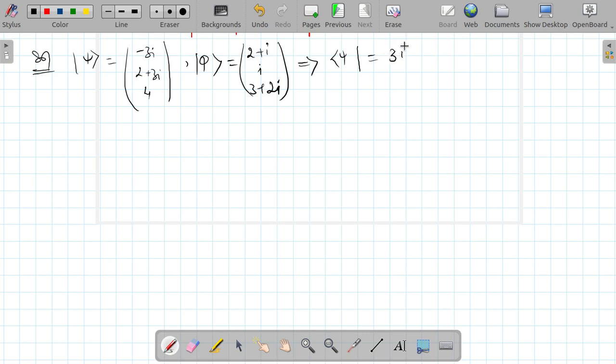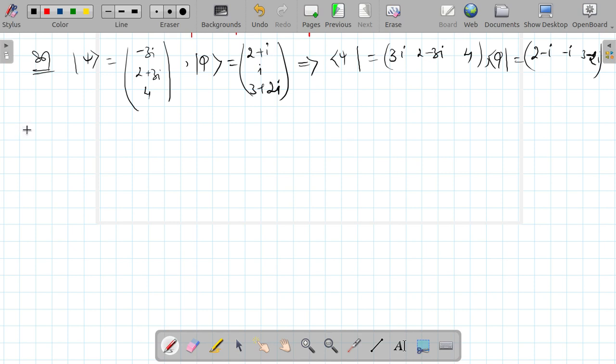So it is 3i, 2 minus 3i, 4, and similarly bra phi can be written as 2 minus iota, 3 minus 2 iota, right? So these are the bra vectors corresponding to every ket.